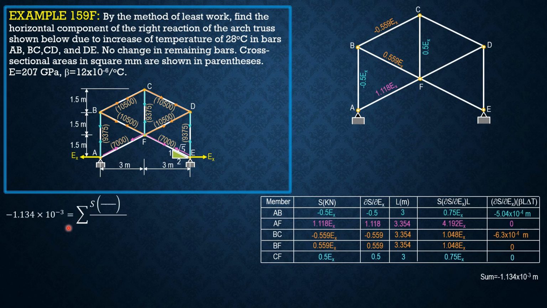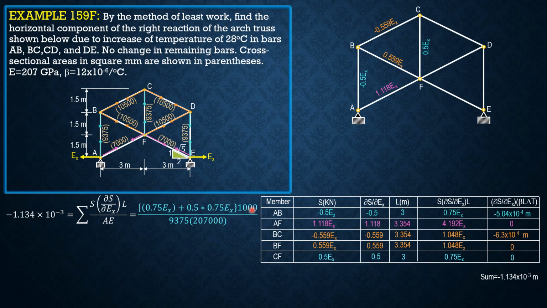So negative 1.134 times 10 to the negative 3 is the summation of S, partial of S with respect to EX, times L over AE, and that is equal to, for this member here, 0.75 EX plus the other one should be multiplied by 0.5 or half of this, then divided by AE, times 1000 to convert it, the numerator is in kilonewton meter, so to make it Newton meter rather, the numerator.